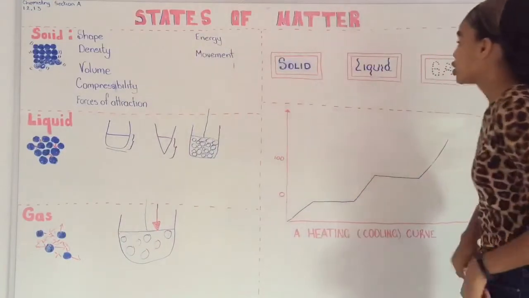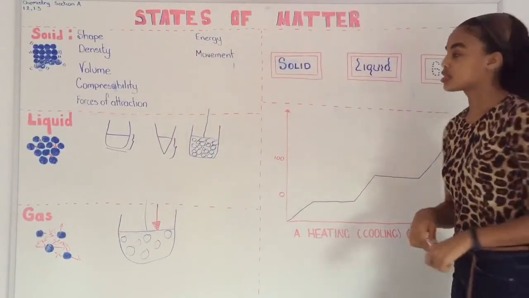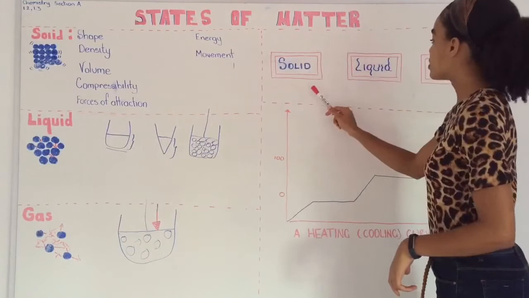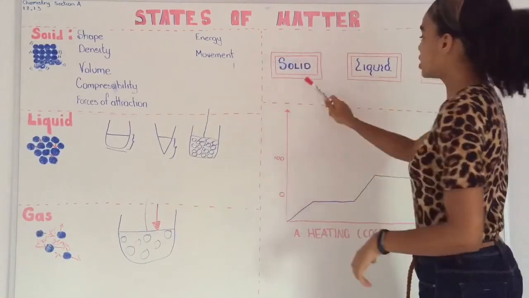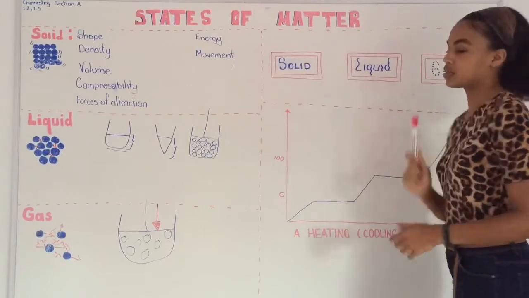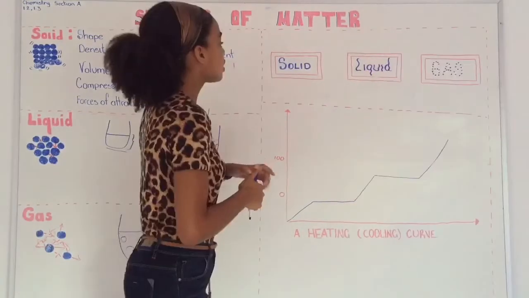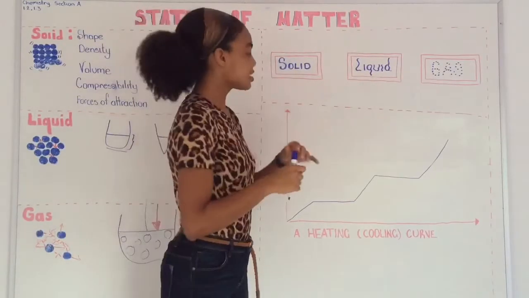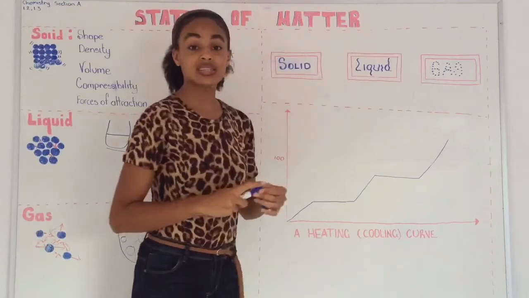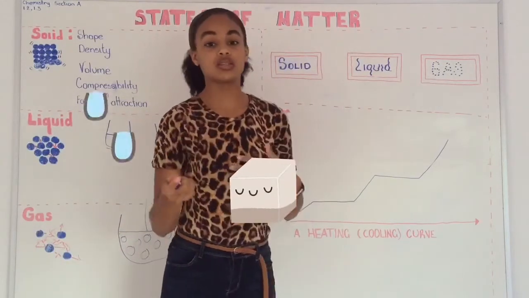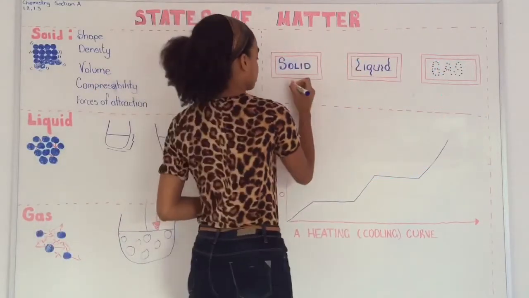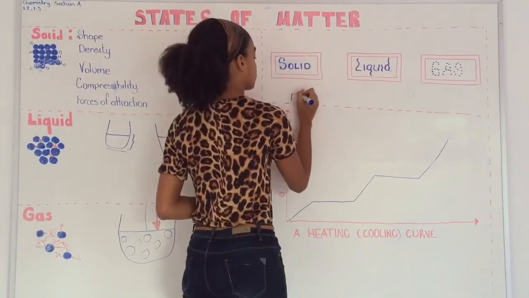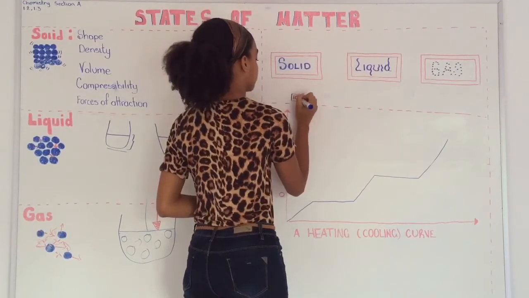Okay. So over here we're going to talk about the different states of matter and the processes by which each state of matter is converted to the other. Solid, liquid, and gas. In this example, we're going to look at ice, water, and steam. So imagine you have a cube of ice. This is a cube of ice.